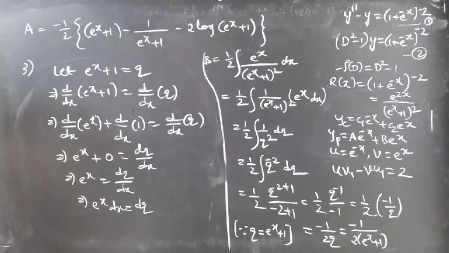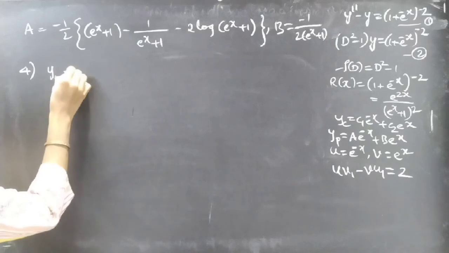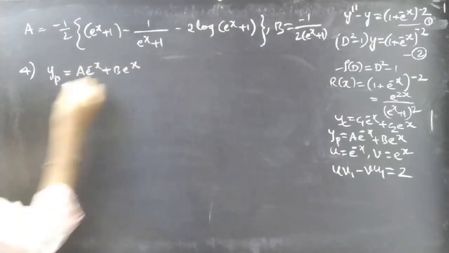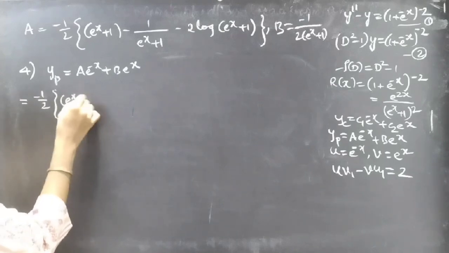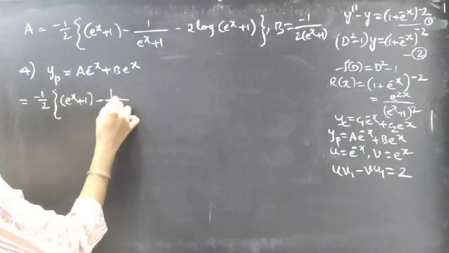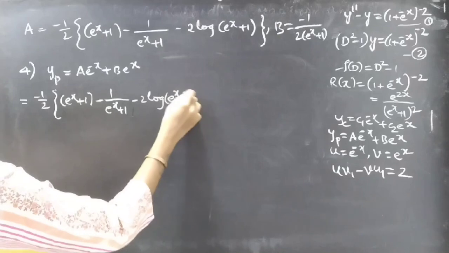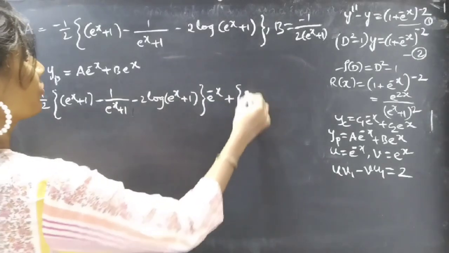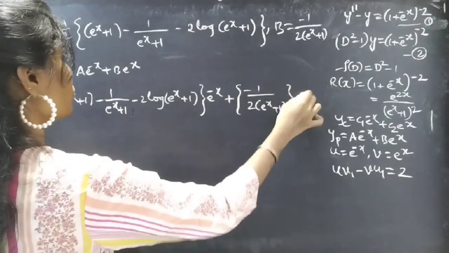So we got b and we have a. Let's now find yp. Yp is given by a e power minus x plus b e power x, right? Let's substitute a and b here. Into e power minus x plus b minus 1 by 2 times e power x plus 1 into e power x.